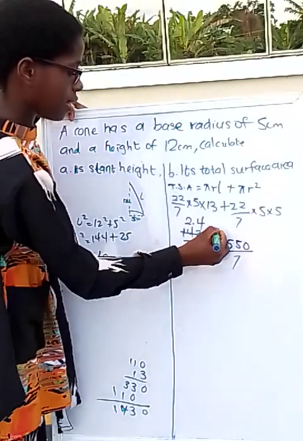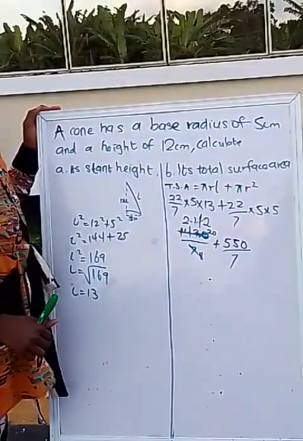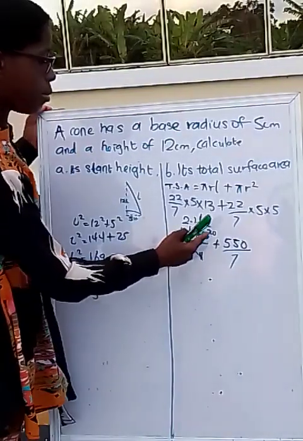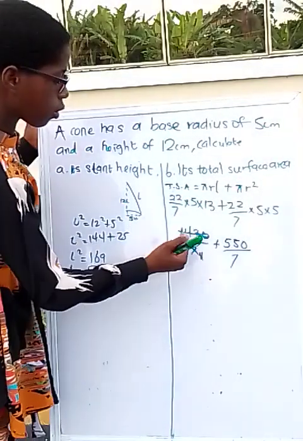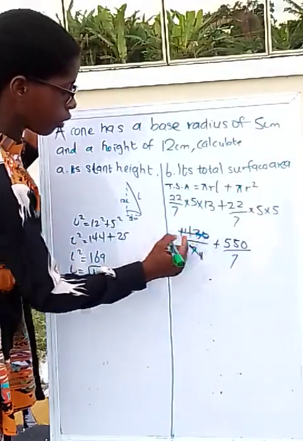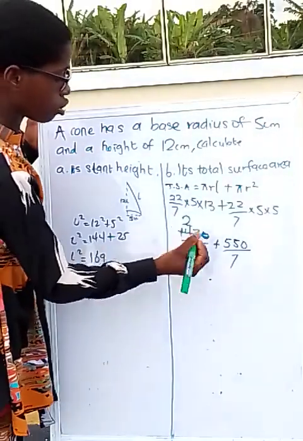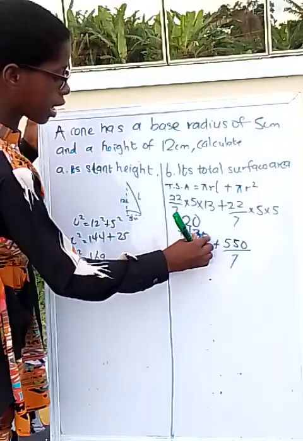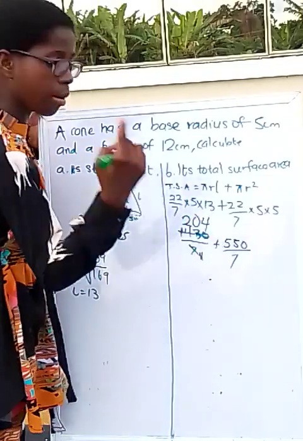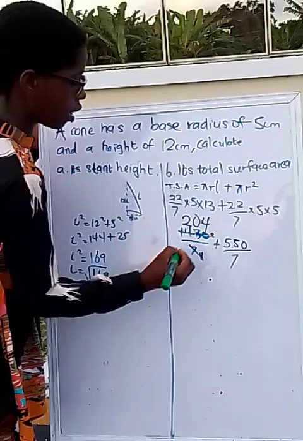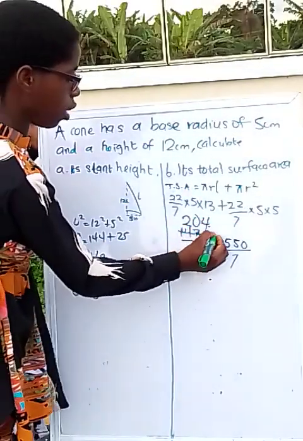Sorry, there was a mistake here. 7 in 14 is 2. Then 7 in 3 is not possible, so you put 0. Then you take both of them at the same time. 7 in 30 is 4. Remainder 2. So you put the 2 here. 7 in 2 is not possible, you put point and add 0 here. 7 in 20 is 2.